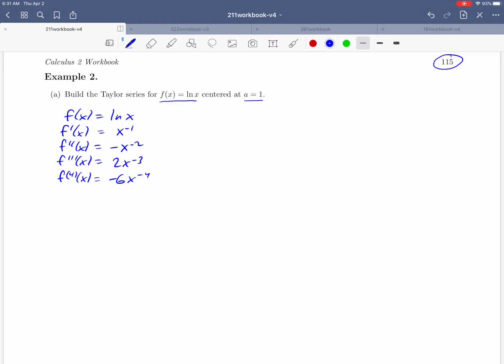Okay, and once we have those derivatives, we want to take the value of a that we're given and just substitute that into our derivatives one by one. So we're going to take 1 and just substitute it in for all of those functions that we have.